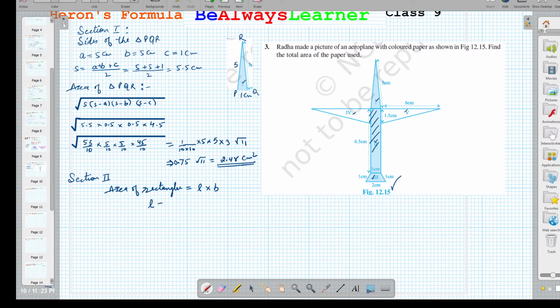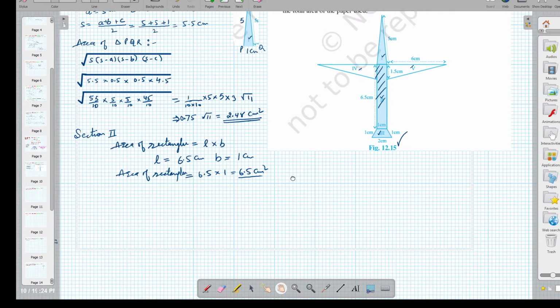Length is 6.5 centimeter and breadth is 1 centimeter. So we just multiply: 6.5 into 1. This is the area of the rectangle, equal to 6.5 centimeter square. That's how we can go.